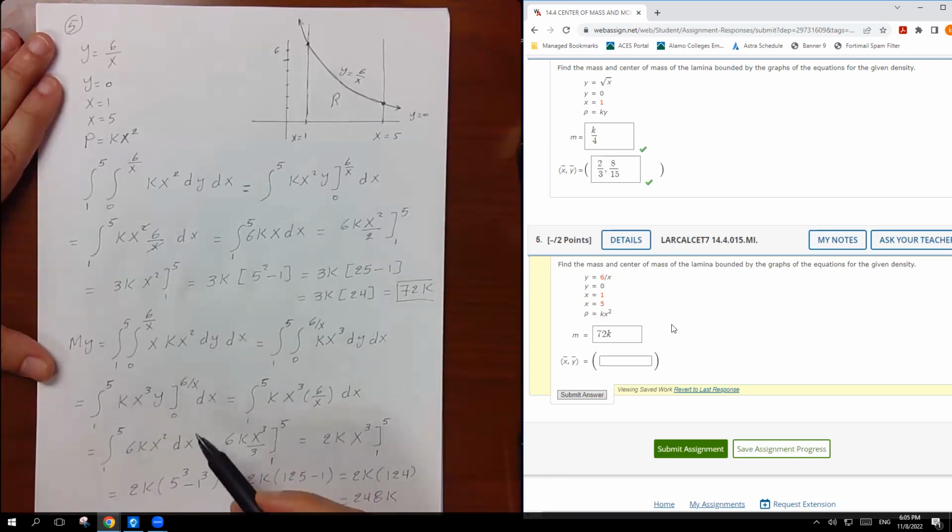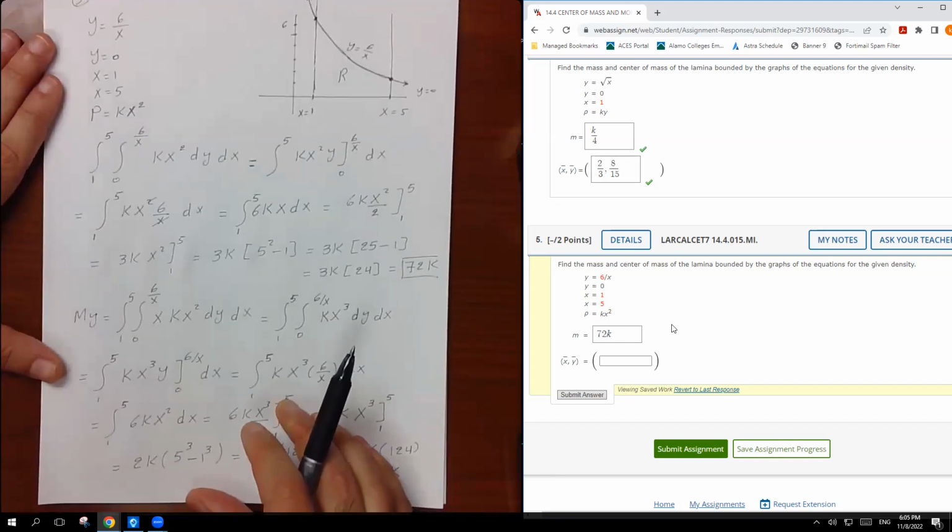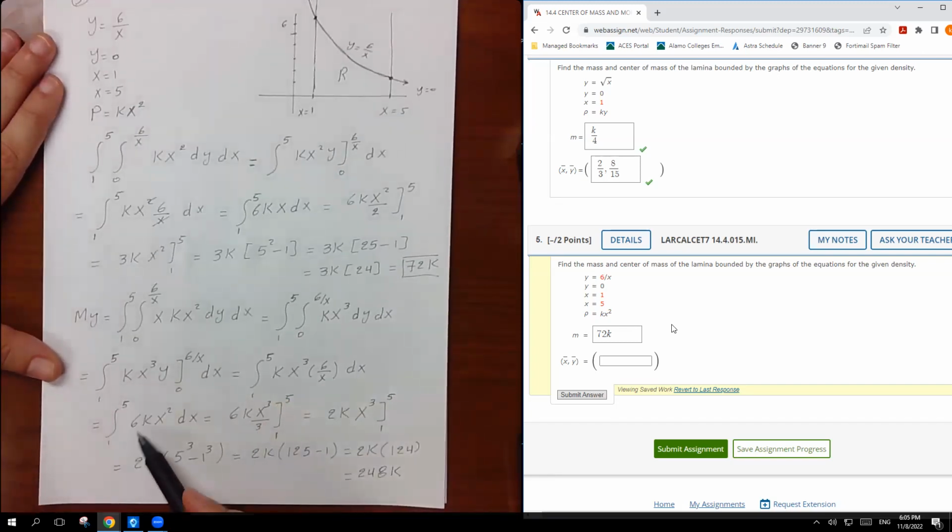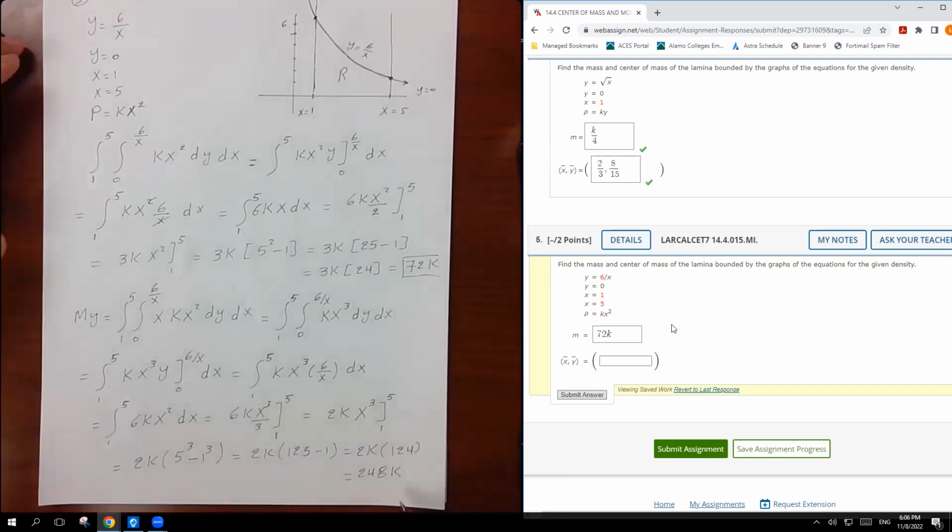Plug in 6 over x, cancel x with the x, so it's going to be the integral from 1 to 5 of 6k x squared dx. Now find the integral with respect to x. 6k is a constant, so it's x cubed over 3 from 1 to 5. Cancel 6 with the 3, 2k, plug in 5 cubed minus 1 cubed: 2k times 125 minus 1, so 2k times 124, which is 248k. So this is m sub y.